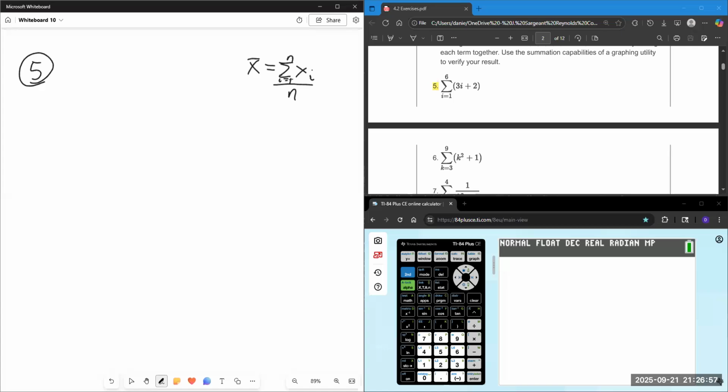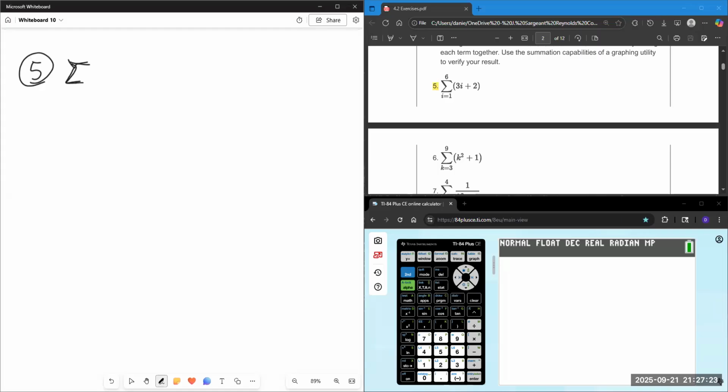We'll talk more about this index here, i, and how it gives us a lower and upper bound on the summation here. But just to draw your attention to that being something that you probably already have familiarity with in seeing the symbol. So it's a Greek letter sigma, capital letter sigma, as opposed to the lowercase sigma that you might have seen in statistics before.